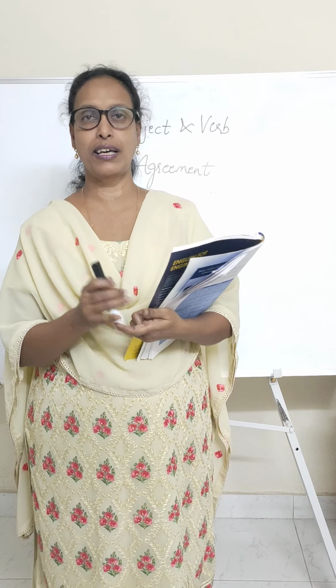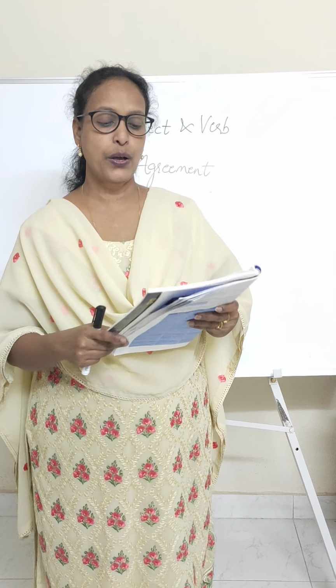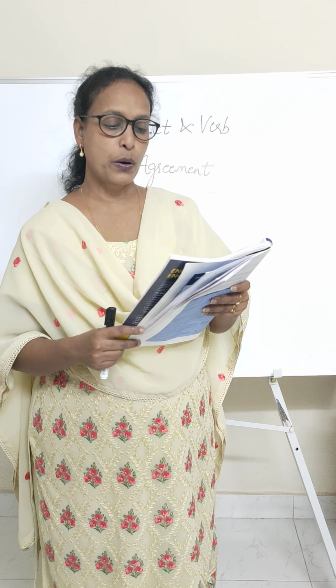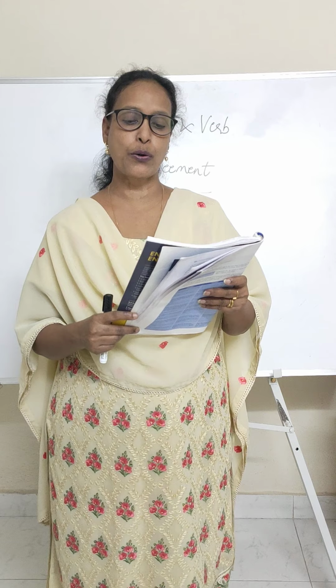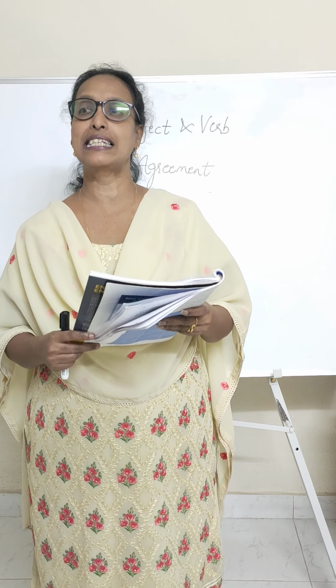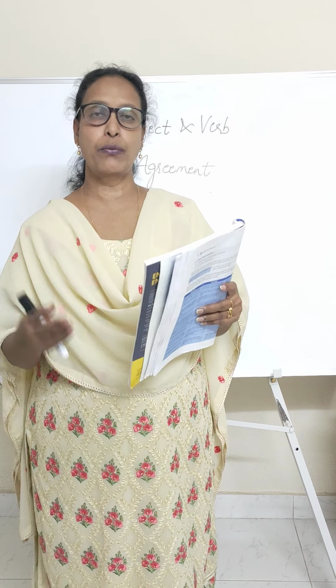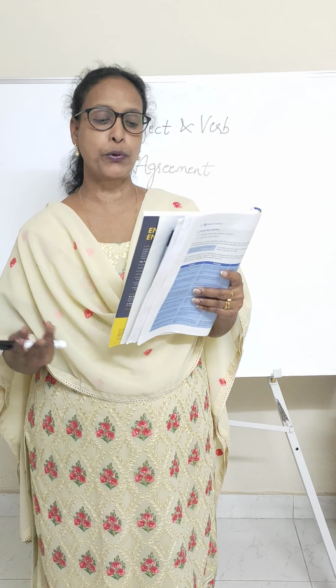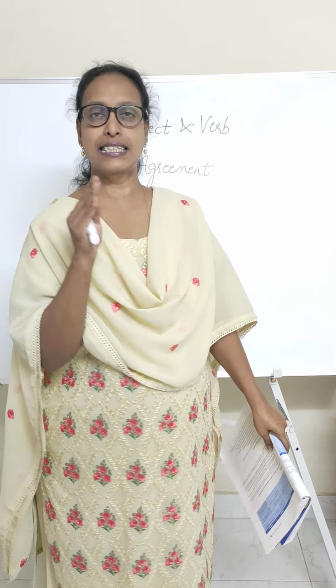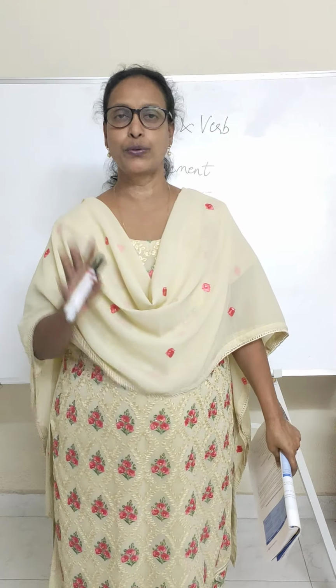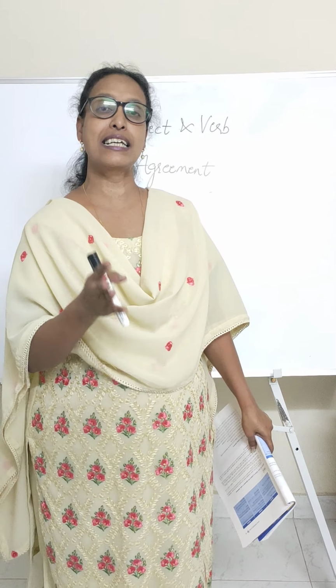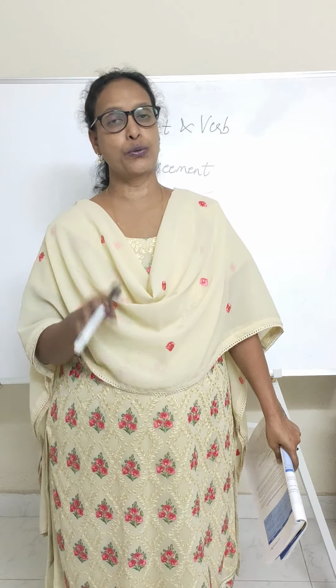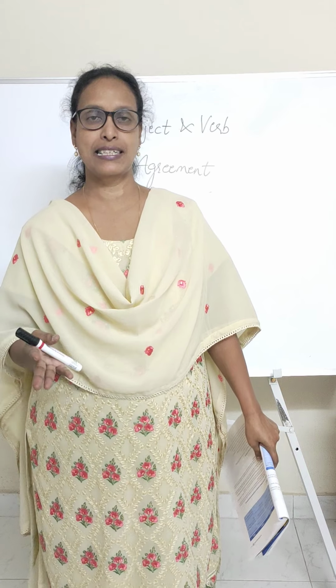So it is considered to be a singular verb. And then use a plural verb when the collection is thought of as a plural entity. When you are considering jury as singular, use a singular verb. When you are considering jury as a plural, use a plural verb. That's as simple as it, right?